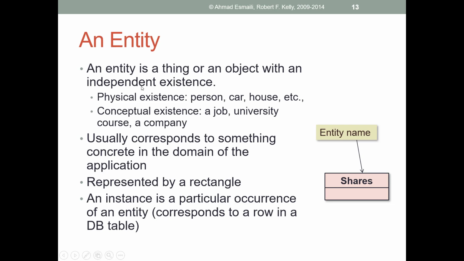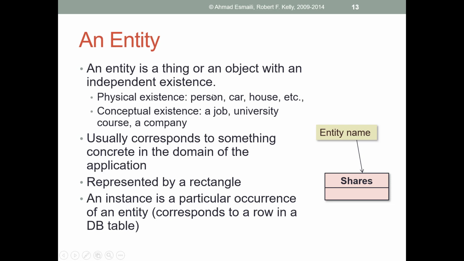So let me spend more time on this because in my experience, whenever I teach this course, I check whether the students understand entity and attributes well or not. And in at least 50% of the cases, initially I found the students messing up the understanding of an entity and attribute. So an entity is a thing or an object with an independent existence. Please pay attention to independent existence.